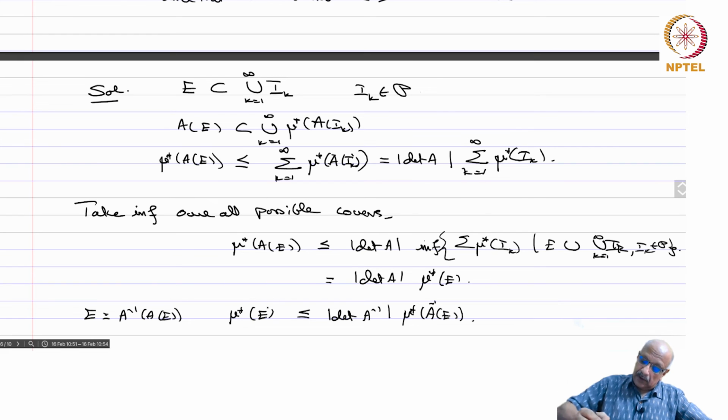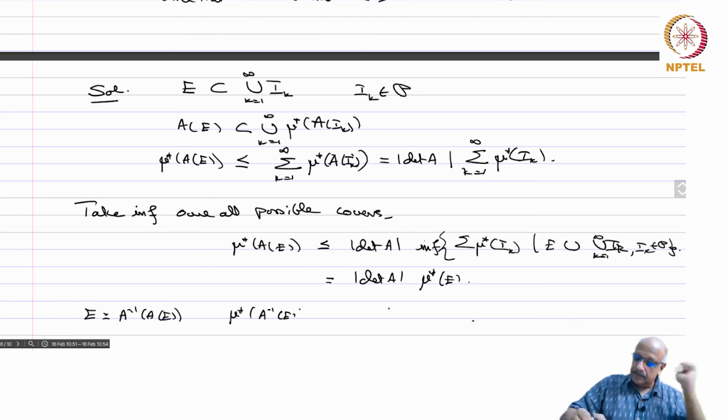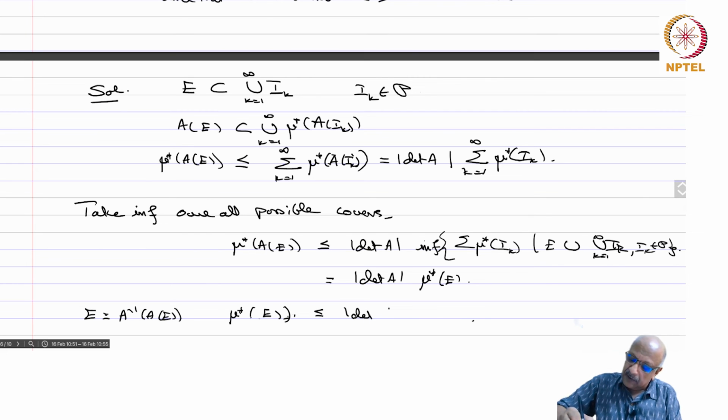Sorry, let me write it differently. mu star of E, which is mu star of A inverse of AE, is less than or equal to mod determinant of A inverse of mu star of AE.